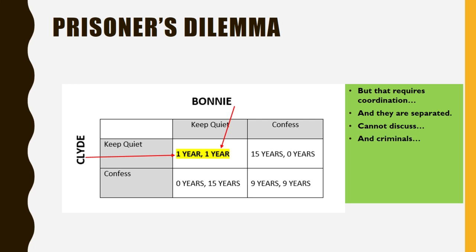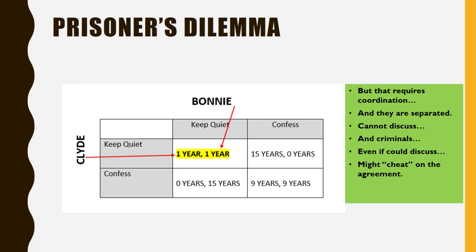But also remember, they're criminals, right? Bonnie's a criminal and Clyde's a criminal. So even if they could discuss it, maybe they would cheat on the agreement, right? So they might say, oh, Clyde, I love you so much, let's both keep quiet. And Clyde says, oh, Bonnie, I love you too, let's both keep quiet. 1 year for each of us, we can do that.